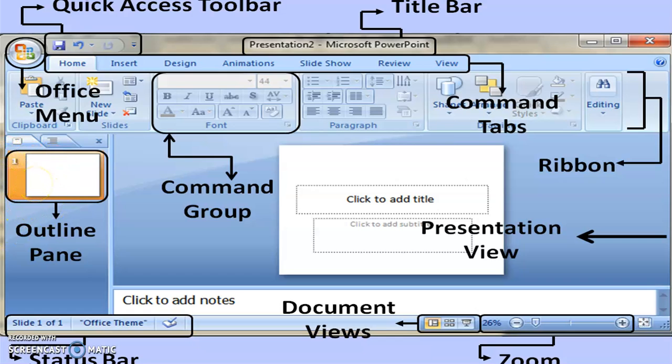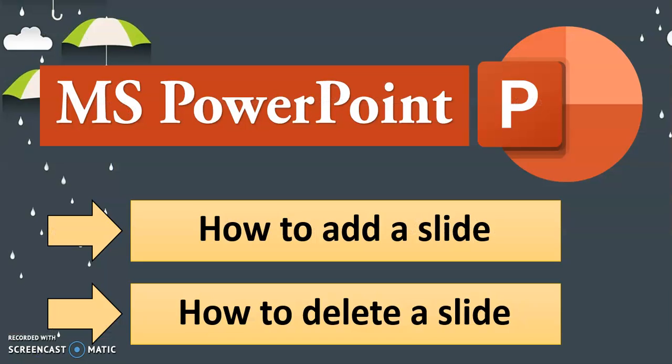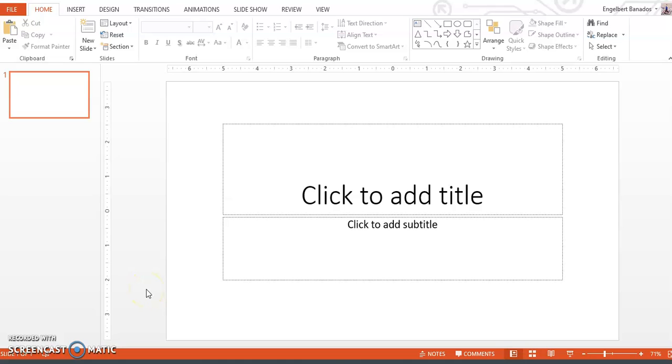Okay. Now, in the first lesson, I'm going to show you how to add a slide and also how to delete a slide. Now, as you open your Microsoft PowerPoint, you will be directed to this window.